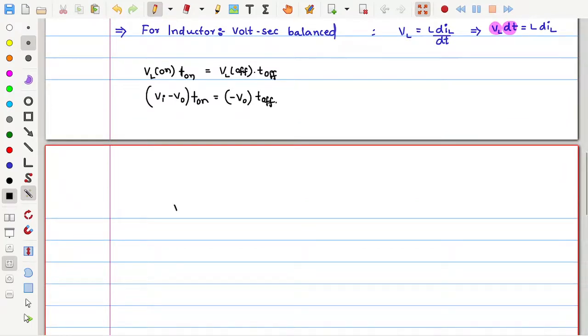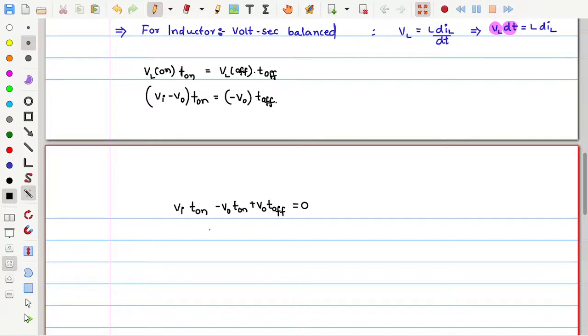Can I write this as Vi into T on? I'll bring the right side term to the left side. So this becomes minus V0 into T on and plus V0 into T off is equal to 0.